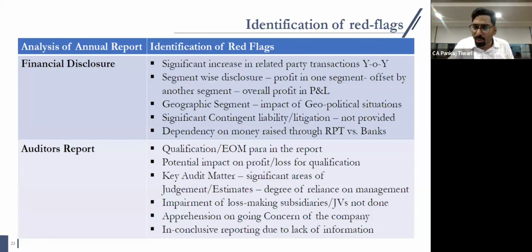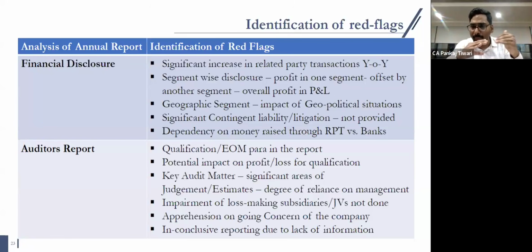What is the matter on which the auditor has given emphasis, and does that matter affect the financial results of the company? All these qualifications need to be supported by the potential impact on the profit and loss account. So whenever you're looking at the profit and loss account of a company, try to look at the profit number which is reported and try to add or subtract the impact of the qualification.